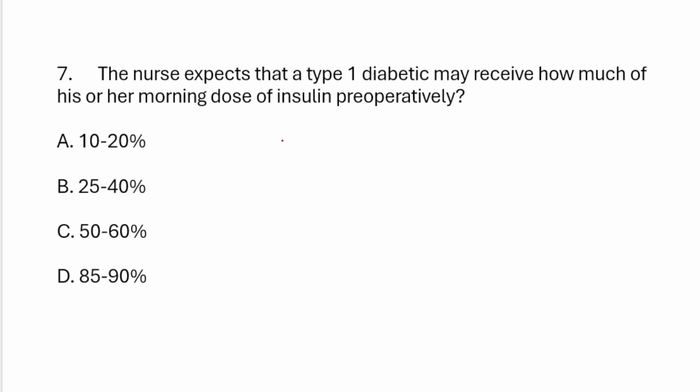Here the patient is before surgery, how much insulin do we have to give? The options are 10 to 20%, 25% to 40%, 50 to 60%, and 85 to 90%. Here the answer is C. On the preoperative day, we need to give only 50 to 60% of the regular dose before surgery.